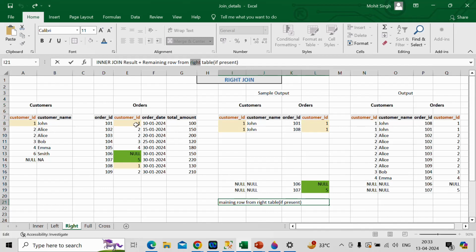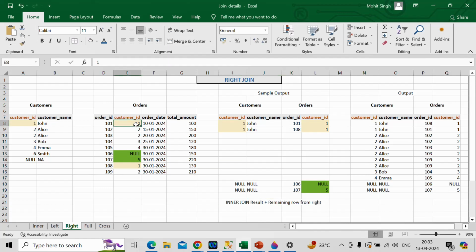For that, we will start checking the values from the right table itself. So this one is present here. Yes. Customer ID 2, it is present here. Again 2, we have got a match. 3, we have got a match. 4, we have got a match. Null cannot be equal to null, so it will come as an extra record here.